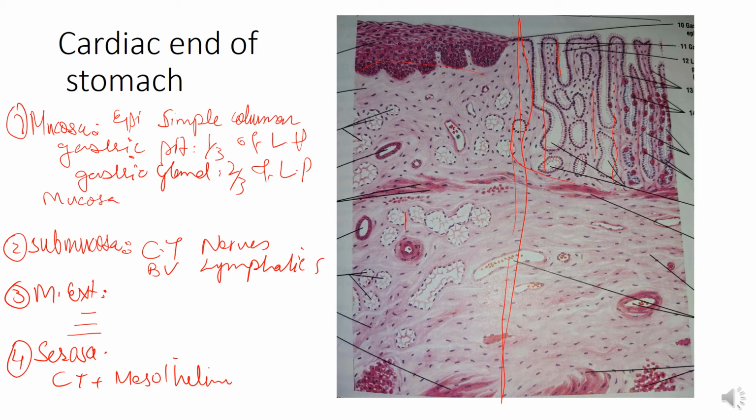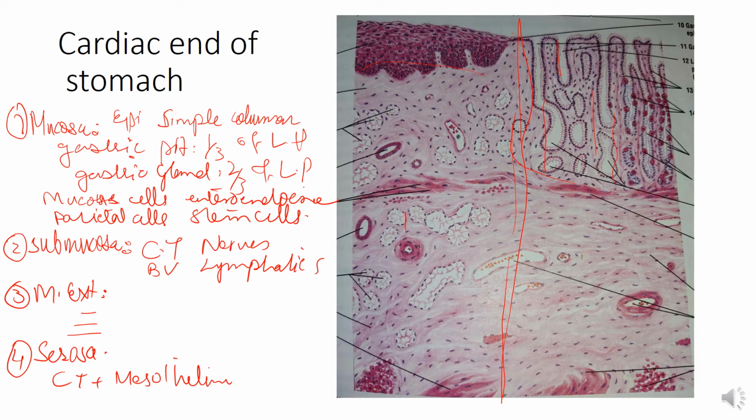Okay, some few parietal cells start appearing. Enteroendocrine cells and stem cells. So 4 types of cells are present here. Chief cells start further ahead. So these are the features of the cardiac region of the stomach.